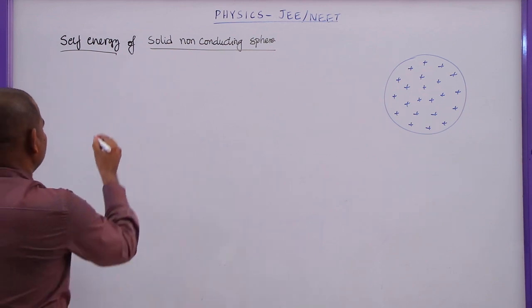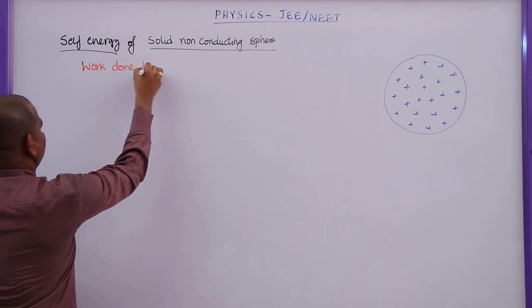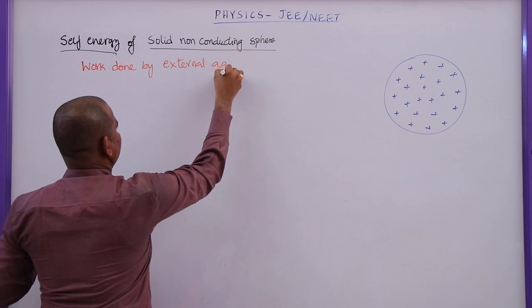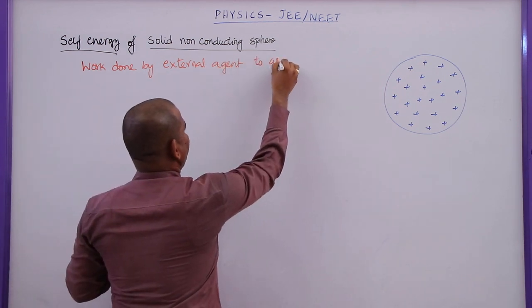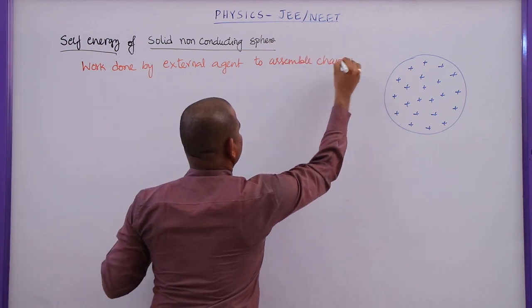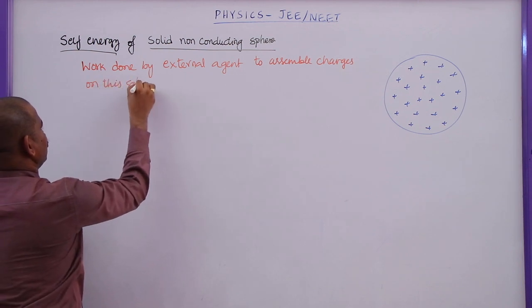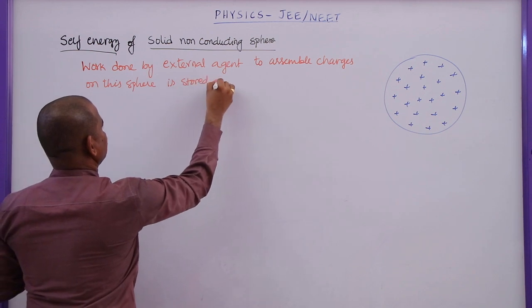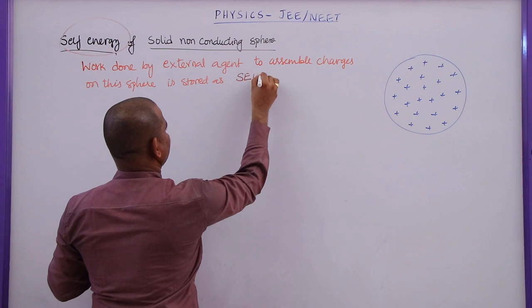That means the work done by the external agent, that means external force, to assemble charges on this sphere is stored as self energy.